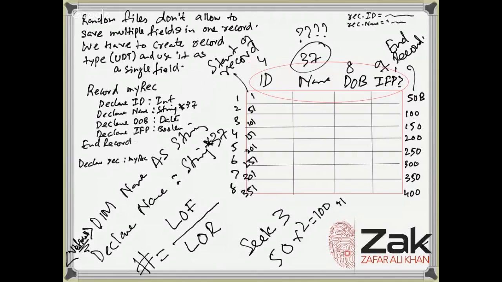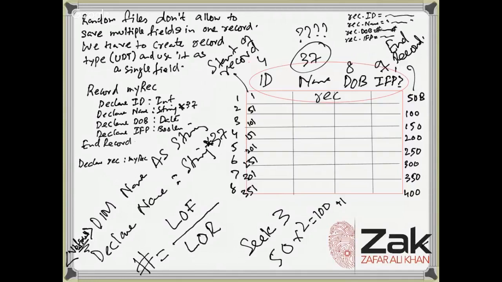Record.name is equal to this. Record.dob is equal to this. Record.is fee paid is equal to this. And then all of these four things will be referred to with one word, which is what? Record. And I'll save this whole record. One. You need to understand this all.